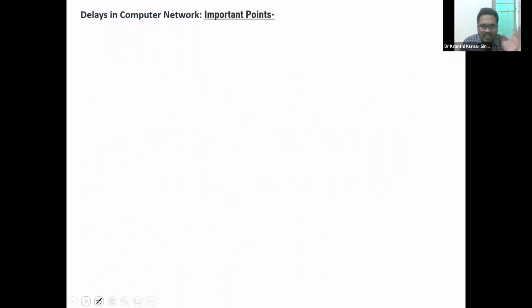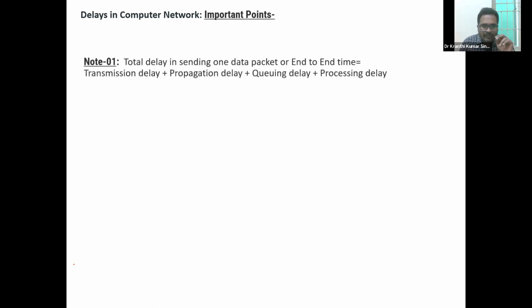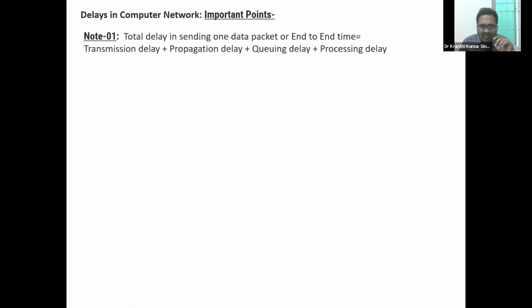Now, important points. As of now, we discussed 4 delays: transmission delay, propagation delay, queuing delay, and processing delay. In practical problems of computer networks, we consider the first two only, propagation delay and transmission delay. The other two are negligible until and unless they are mentioned. What is total delay?